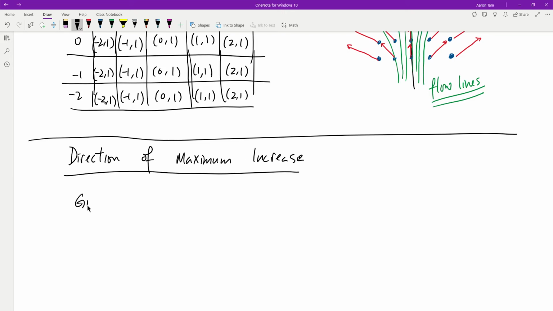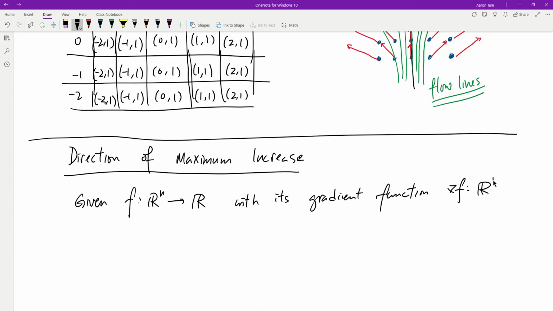So let's say given a function f that maps from Rn to R, with its gradient function, let's say gradient of f, which maps from Rn to Rn.